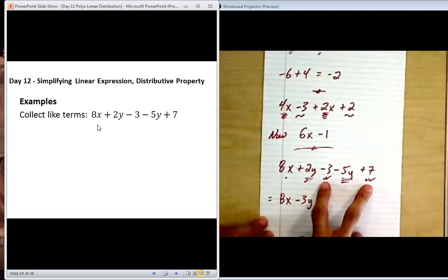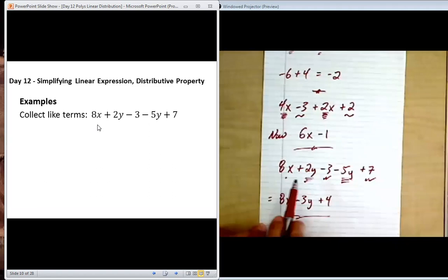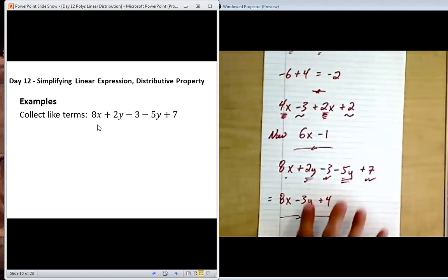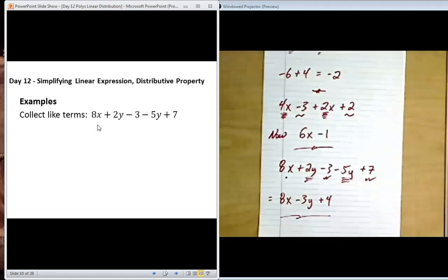Imagine it's your legs doing this. You walk down 3 stairs. You're down 3 stairs. Yeah, and then you walk up 7. Plus 4. Okay. All right, so this would be when you collect like terms, this is what you get for this expression here. Okay, good work.